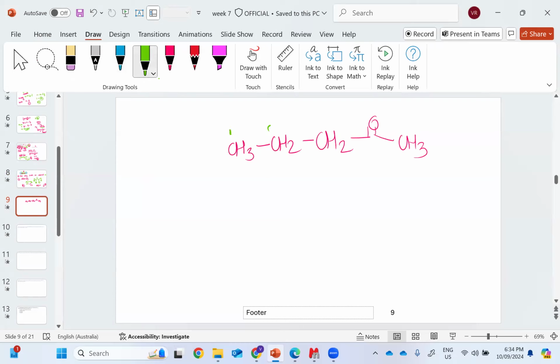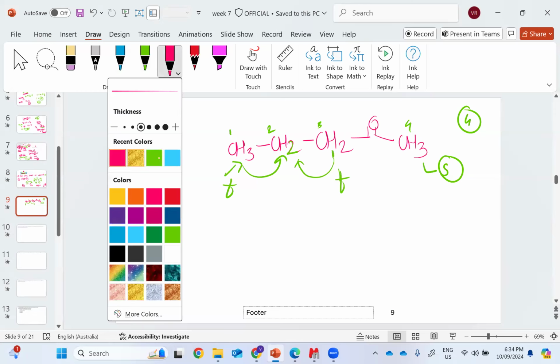This will be 1, 2, 3, so we get 4 signals, and the multiplicity for this one will be a singlet, right? For this one, what will be the multiplicity? This couples with this, so it should show a triplet. Similarly, if you look at this one, this is coupled with this CH2, right? So it should show a triplet because there are only two adjacent hydrogens.